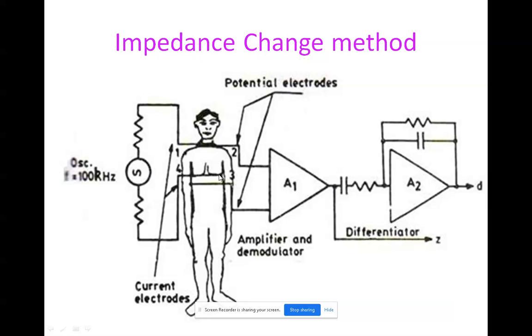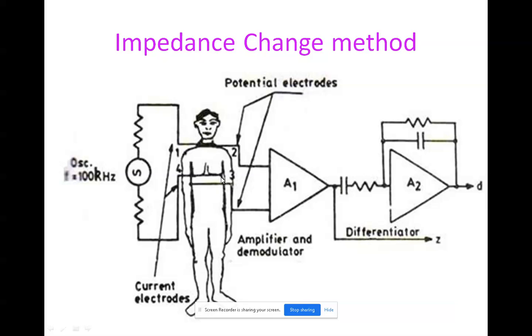The current is applied to the 1 and 4 electrodes, and you collect some potential value at the 2 and 3 electrodes.